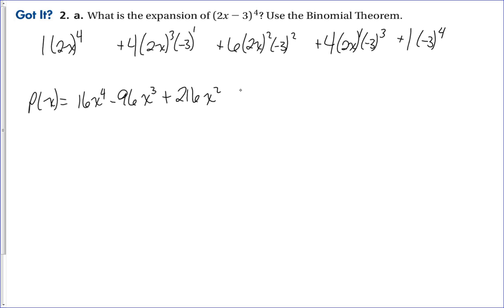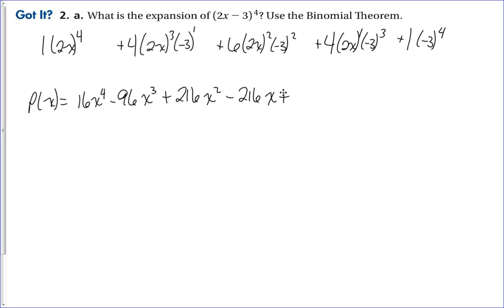And then our next is going to be minus, because negative 3 cubed is going to be a negative number, and these are positive. Positive times negative is negative. So 2 to the first is 2, times that is 8. And then 3 cubed is 27, so 27 times 8 is also 216. And then it's going to be x to the first, or just x.